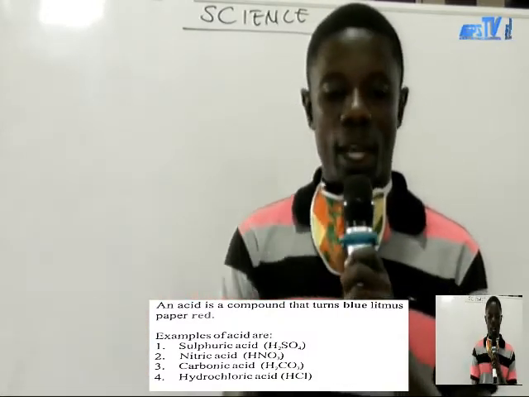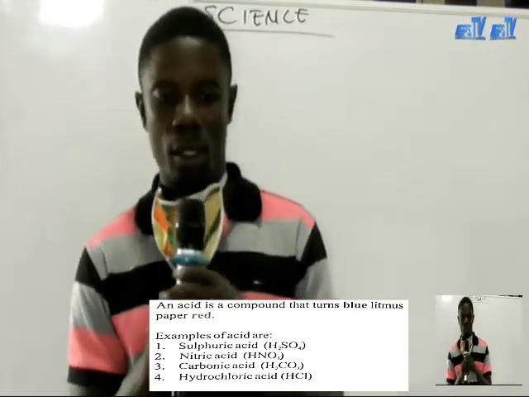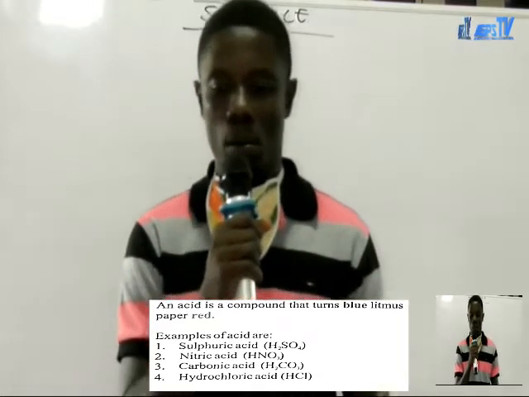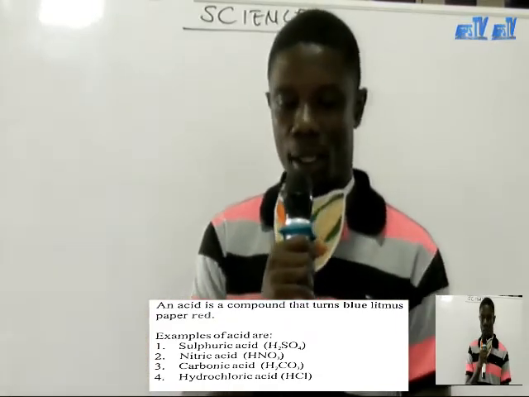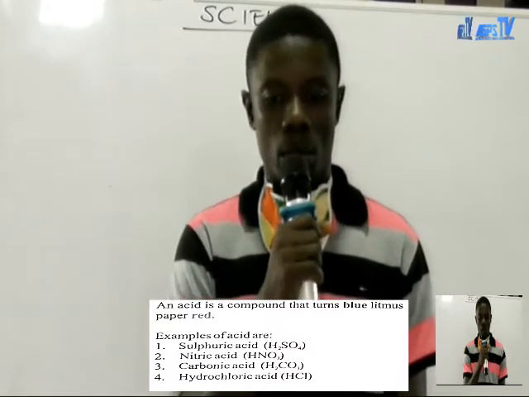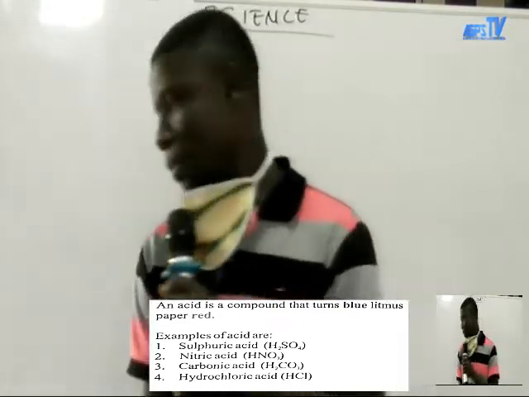Now, we have the definition of an acid on your screen. An acid is a compound that turns blue litmus paper red. And I want you to notice something here.